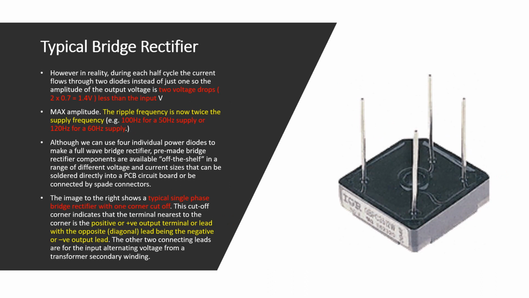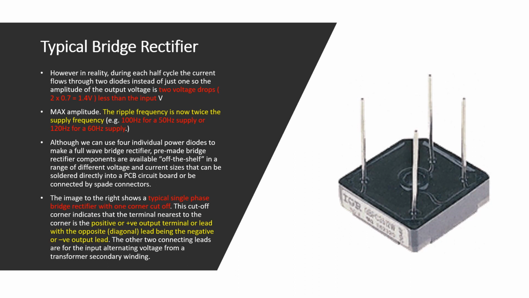Now here is a typical bridge rectifier, shown in the slide. During each half cycle, the current flows through two diodes instead of just one, so the output voltage amplitude is 2 voltage drops, 2 times 0.7 equals 1.4 volts, less than the input voltage.